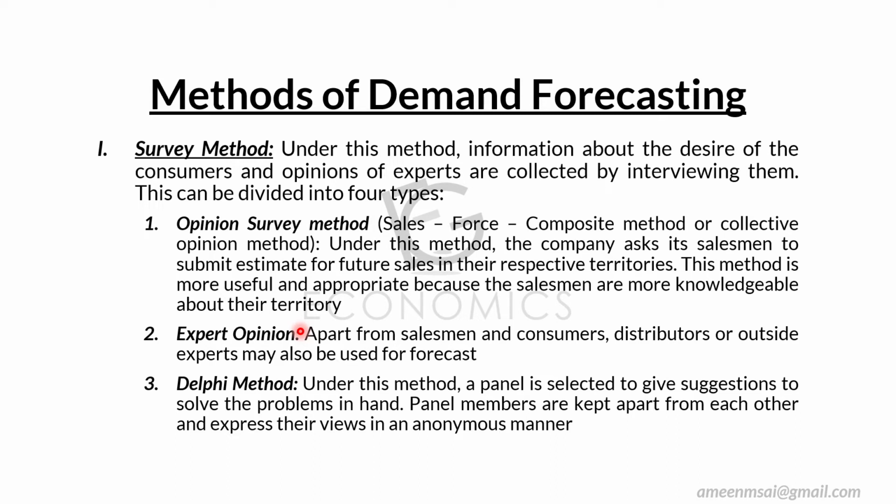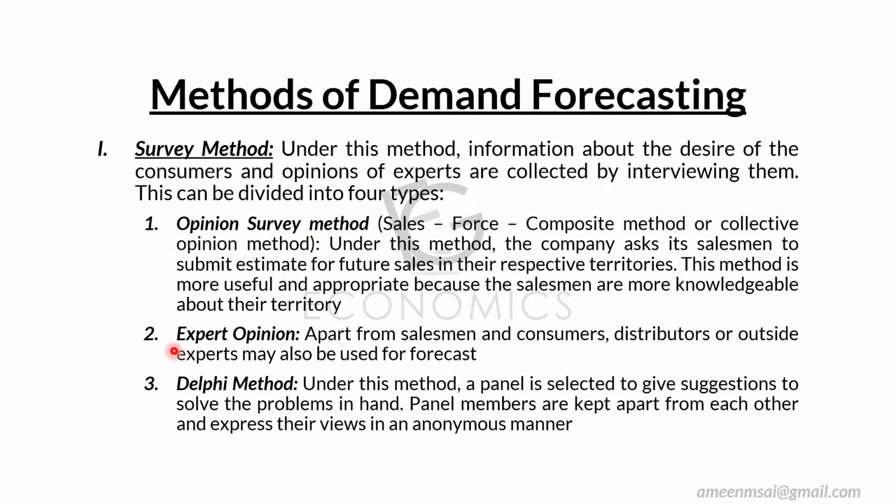Each and every firm will have a salesperson in a particular geographical region, so he will know the changes, the growth or the decline, when it comes to their business. So in the opinion survey method, the company contacts their salesmen, asking them about the possibility of a change in demand in their locality.